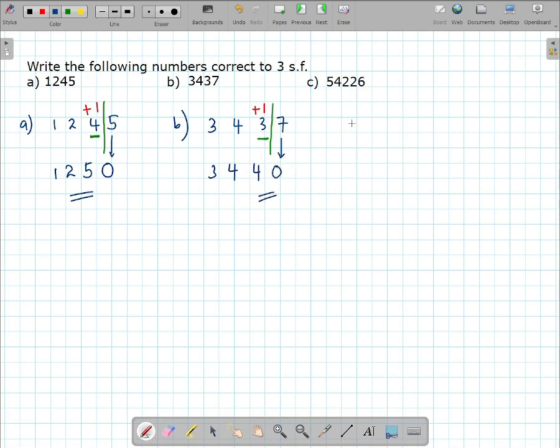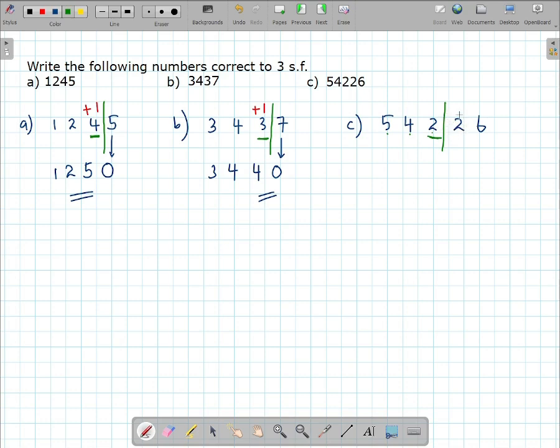Okay, C, 54,226. So what is the third SF? 1, 2, 3. Then after that, the separation. Then we check the digit right after the separation, that is less than 5.